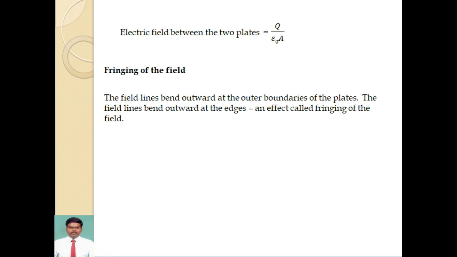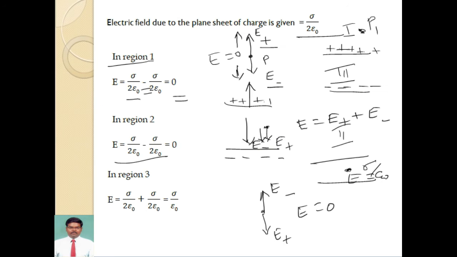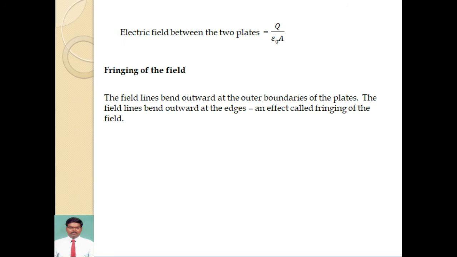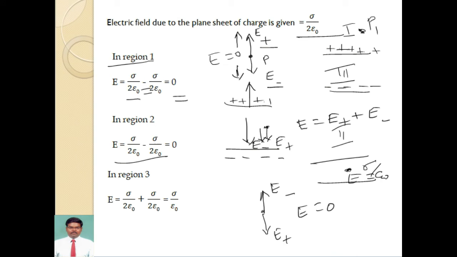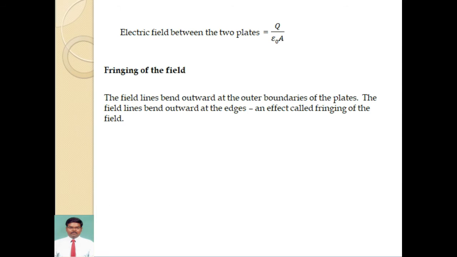Now, we are interested in calculating the capacitance. So the electric field between the two plates is given by Q by epsilon naught A. I have to tell you how these equations come.